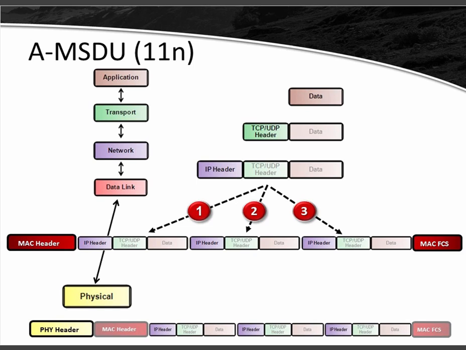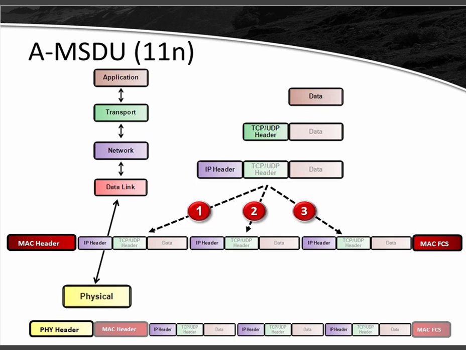We have 3 IP headers, 3 TCP or UDP headers, and 3 data payloads. They are embedded within one MAC header and MAC footer, or frame check sequence. So the point is that we're dealing here with multiple MSDUs. This was an added feature in 11n to get more data through more quickly during a transmit opportunity.